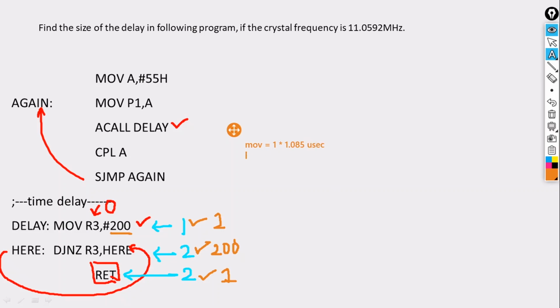Now here we have the DJNZ loop, which is going to be executed 200 number of times, and its machine cycle count is 2.